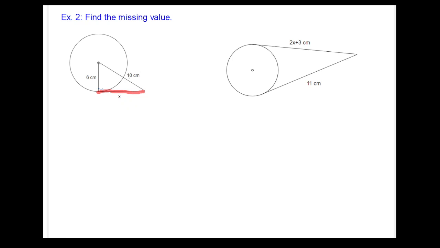The hypotenuse is 10, so we know that 10 squared is going to equal 6 squared plus x squared. So that's 100 equals 36 plus x squared. I'm having some real troubles with my pen, I apologize.